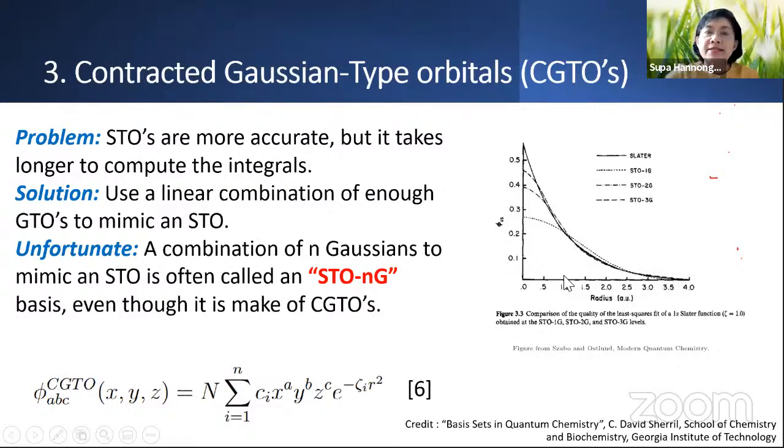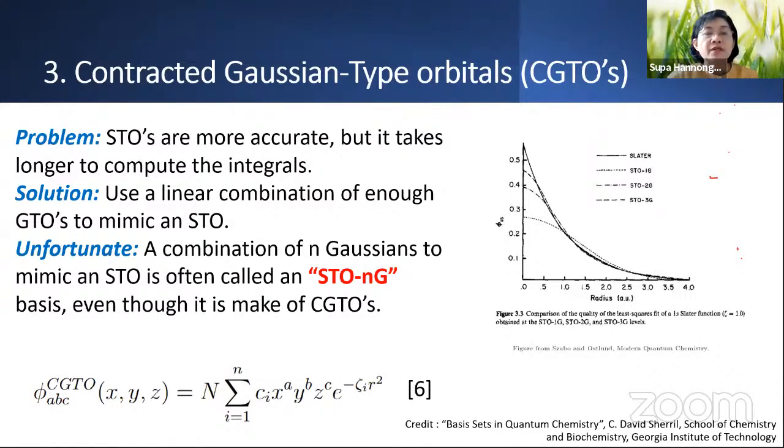So I would like to say that for the contracted Gaussian type orbital, most of the quantum chemists use STO-3G. That means we use a linear combination of Gaussian type orbitals, three terms, to represent one STO function. And the general equation of the basis function of the CGTO can be represented in this equation 6.